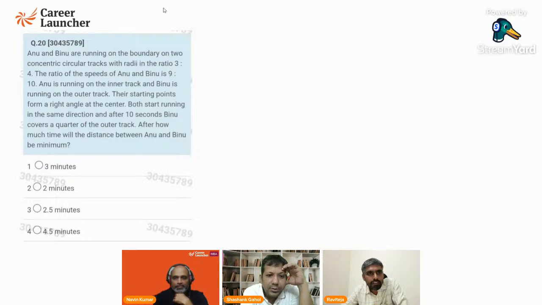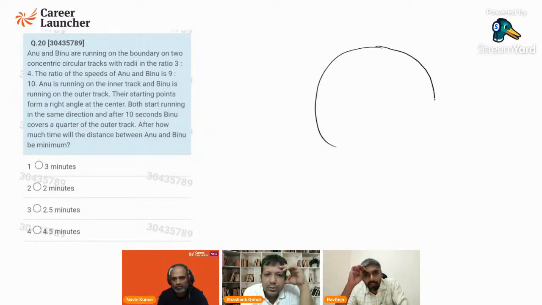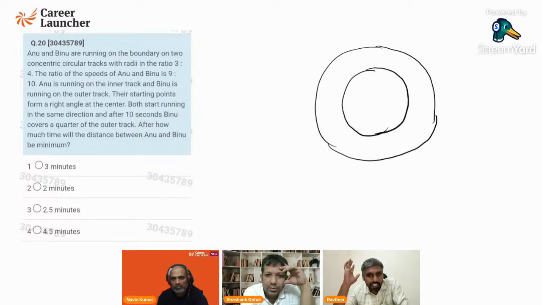So in this, see, when there are two concentric circles, it's always a matter of time again, because the question is about at what time they are going to meet, and both of them are starting simultaneously. So we have to figure out a way in which we can bring them into the same circle and eliminate the two circles possibility, right?